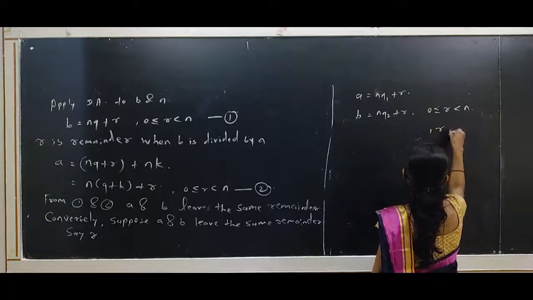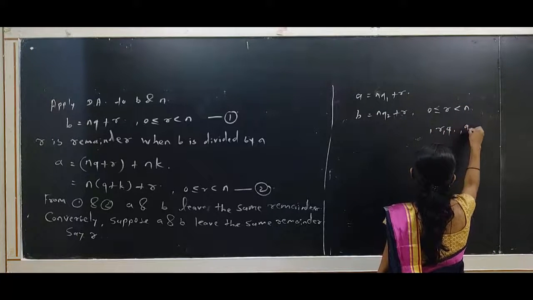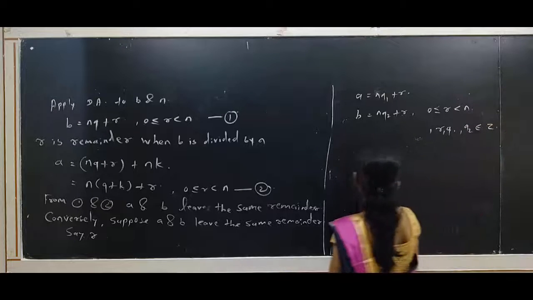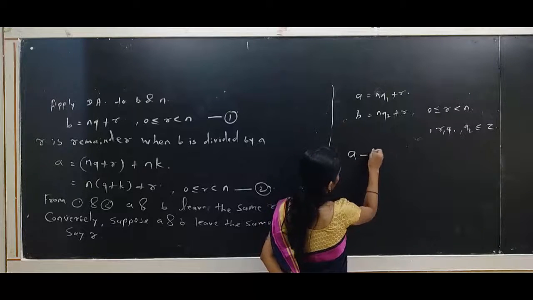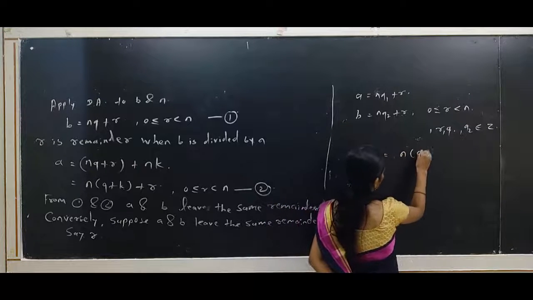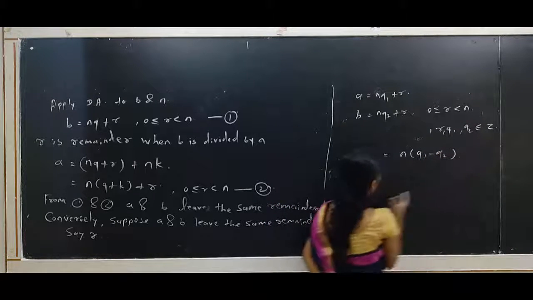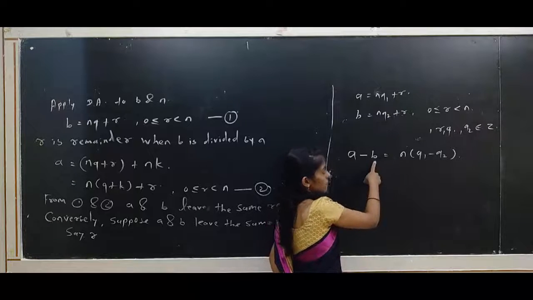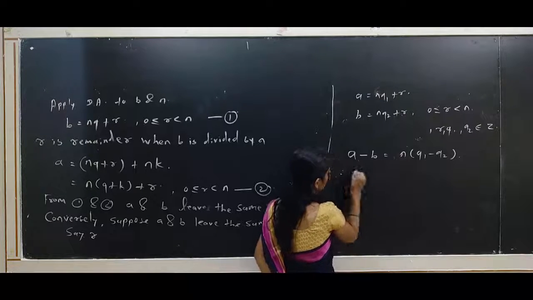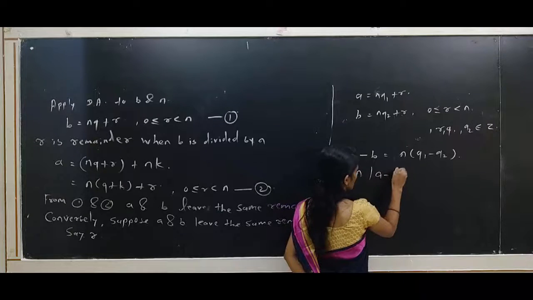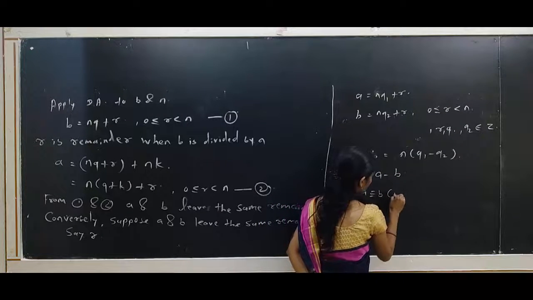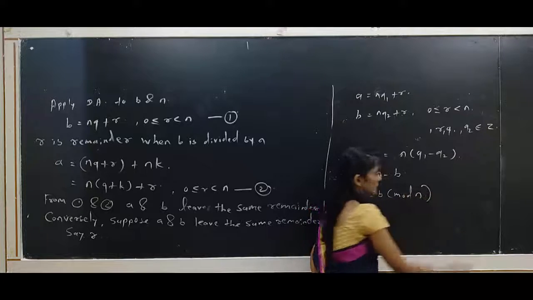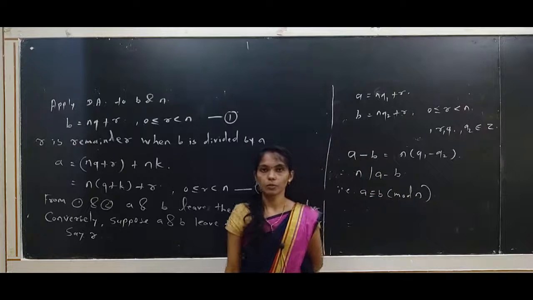And here r, q1, q2 belong to Z. Okay, so here a minus b equals n into q1 minus q2. So here we get a minus b is a multiple of n, therefore we get n divides a minus b. So that means a is congruent to b modulo n. So this completes the proof here.